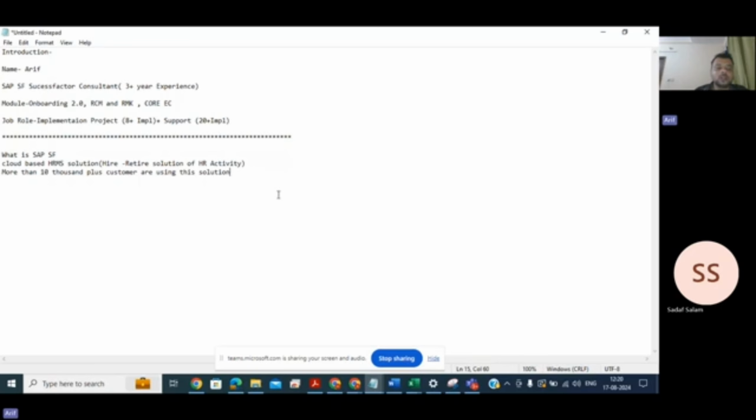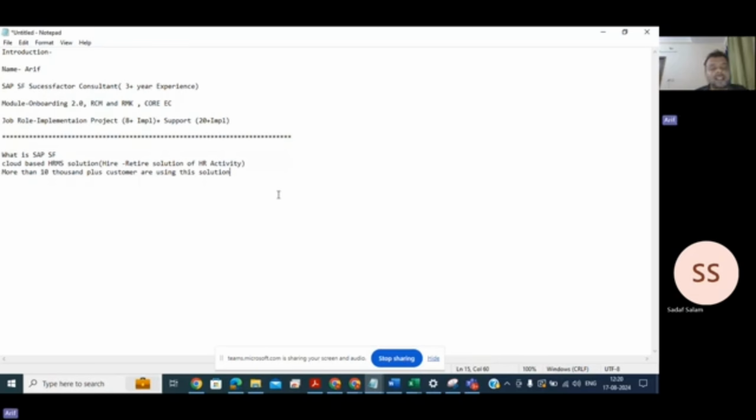This is one of the most robust solutions compared to other competitors in the market. The other competitors are Oracle Fusion, the KKHR, the Workday. But when we compare with other competitors, SuccessFactor is leading the market with a big number.